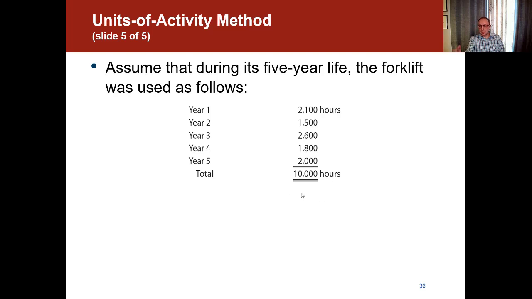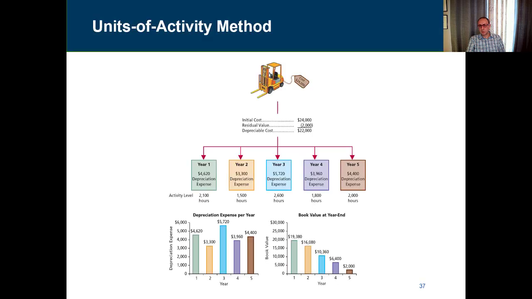So in this case, you can see there's a variation in the number of hours used for that forklift. That would lead to the depreciation expense being different from one year to another. You see here it's 4620, 3300, 5720, 3960, and 4400. So there's a variation. It's all over the place depending on the usage of that forklift.